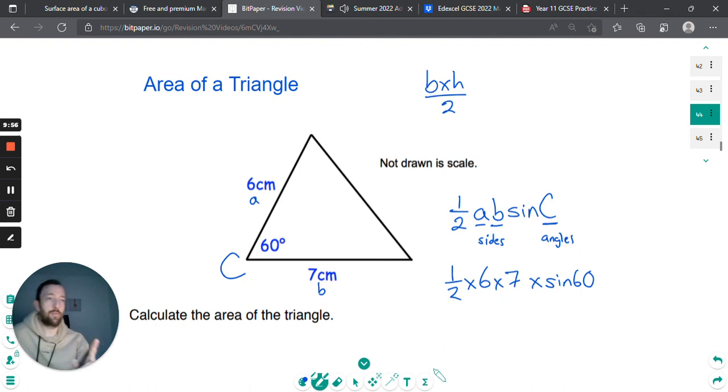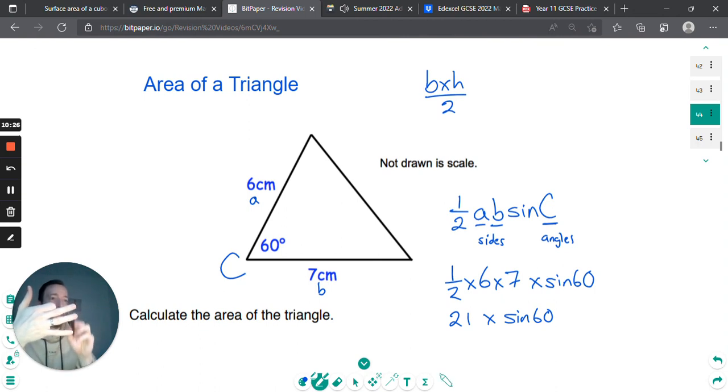I've just said you put it in your calculator, but it's a non-calculator topic we're focusing on this week, which is absolutely fine. So 6 sevens are 42. Half of 42 is 21. And for sine 60, we could do the little hand trick. This is 0, 30, 45, 60, and 90. We'll put our 60 finger down.